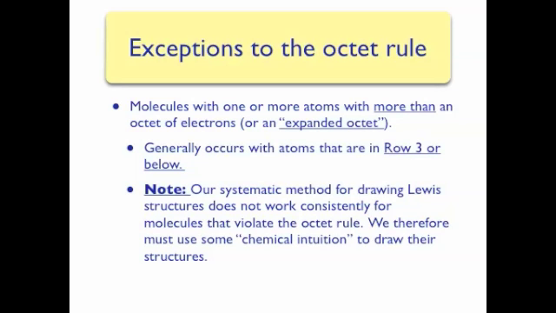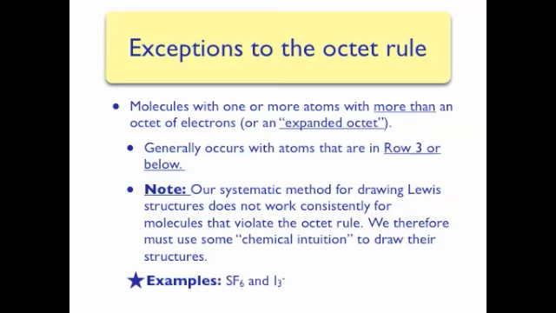We therefore must use some chemical intuition to draw their structures. That is, we should look at regular bonding patterns for atoms, such as the fact that less electronegative atoms are in the center of a molecule, and that atoms such as hydrogen and fluorine tend to only form one bond with one other atom.